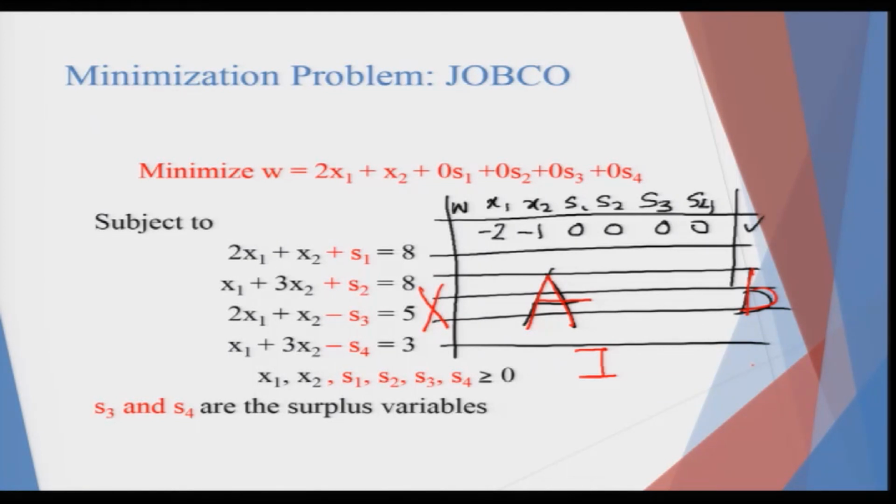On the right hand side, the top value of B would give you the minimization value of W in this case, because it is not Z, and the other values would correspond to the basic feasible solutions of x1 and x2.